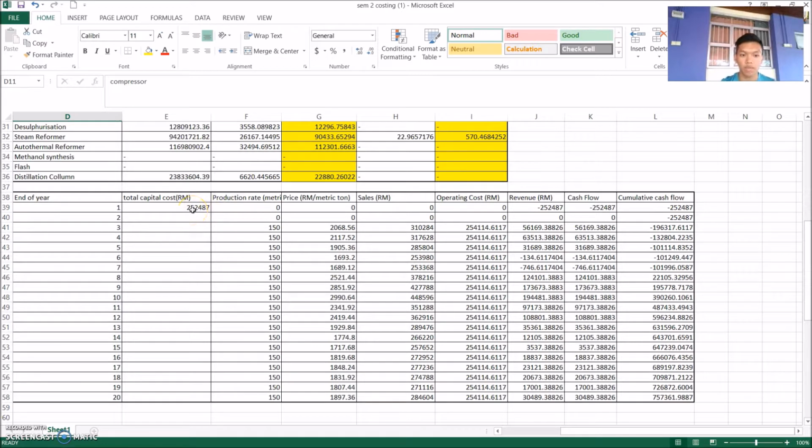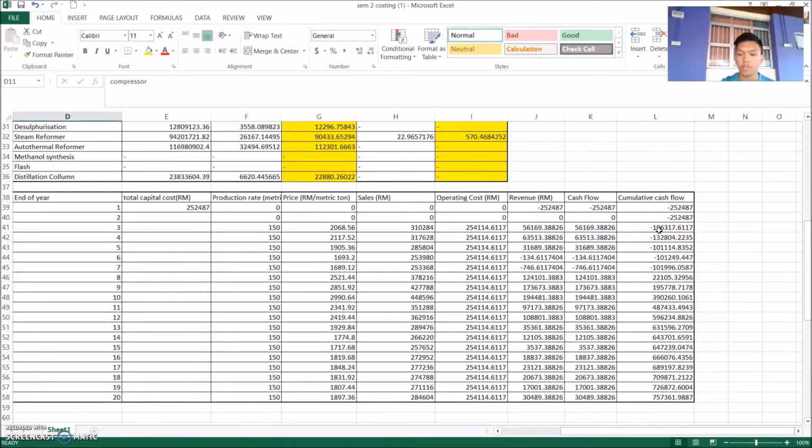The total capital cost is the total cost needed to produce or to buy the units required, for example, the heat exchanger and compressor. And thus, for our first and second year, since we haven't started producing methanol yet, we have a negative cumulative cash flow here.